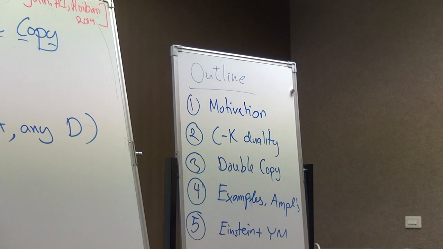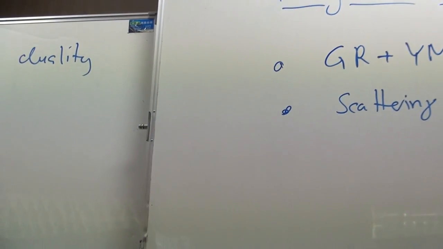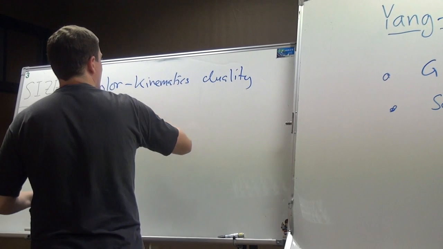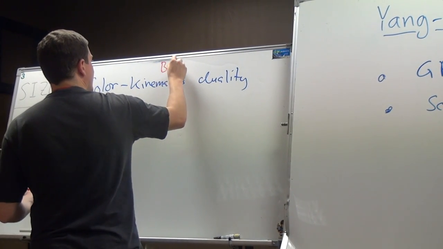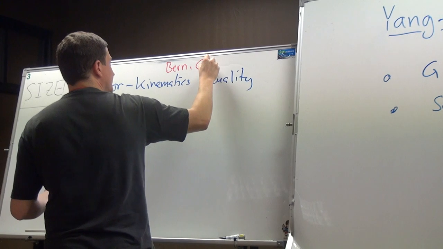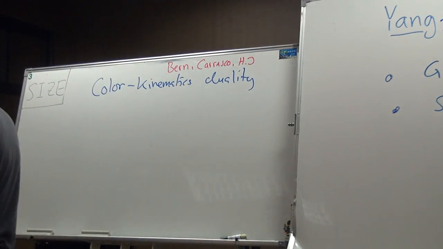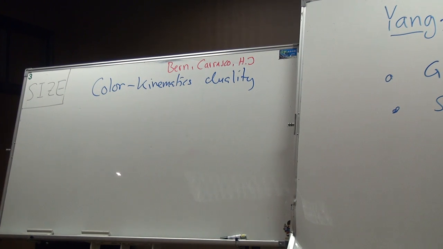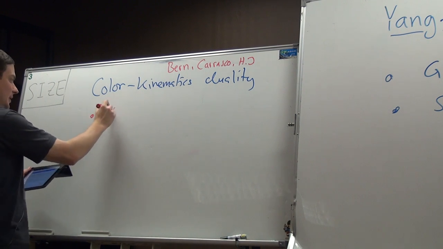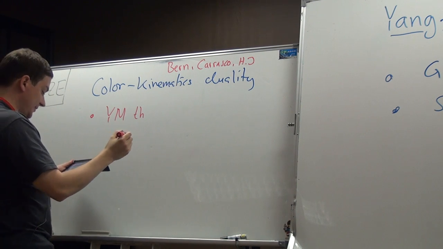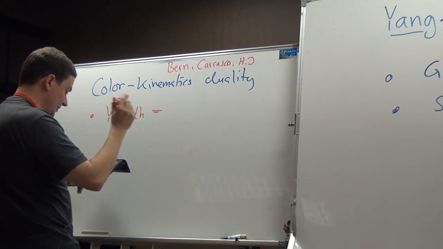So this is from a paper going back to 2008, by Bern, Carrasco, and me. What we noticed in that paper is that, in a specific way, you can say that Yang-Mills theory has two copies of Lie algebras.